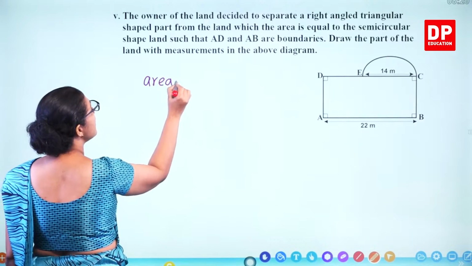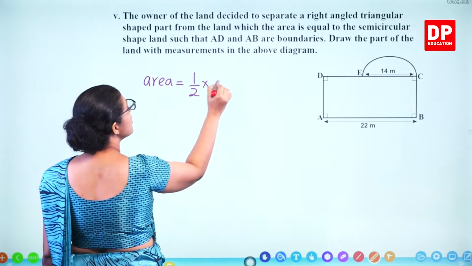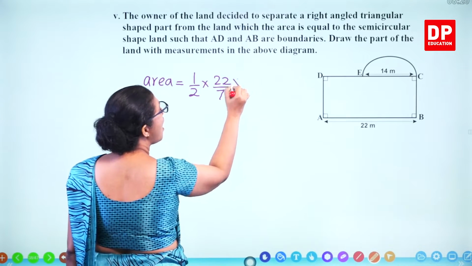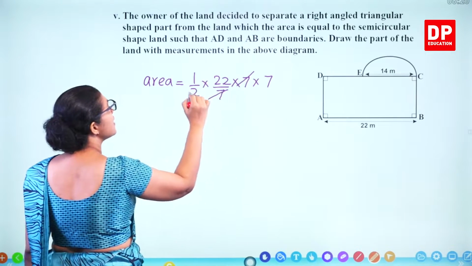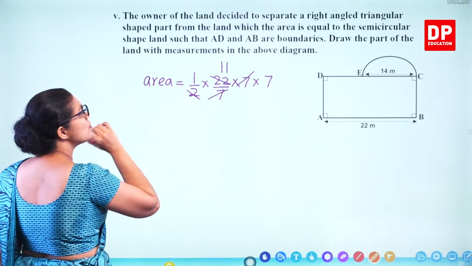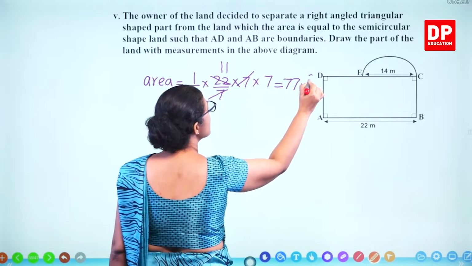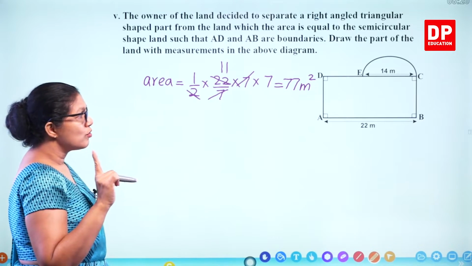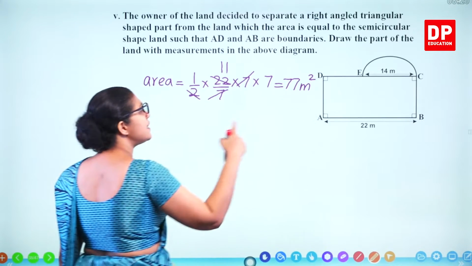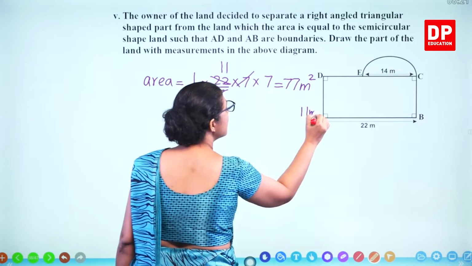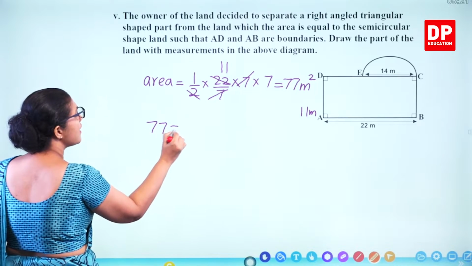Area is half pi r squared. 22 over 7. R is 7 and 7 again. 7 get cancelled out and 2, you get 77 square meters. So that's the area. So we can take, if this full AD length is taken, how do you get area 77 from a triangle?